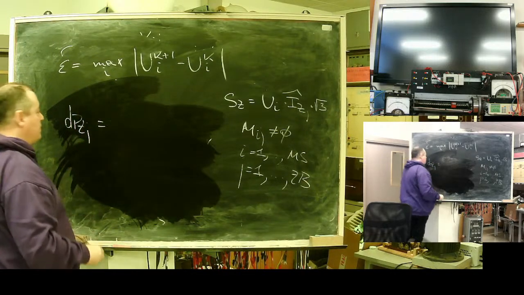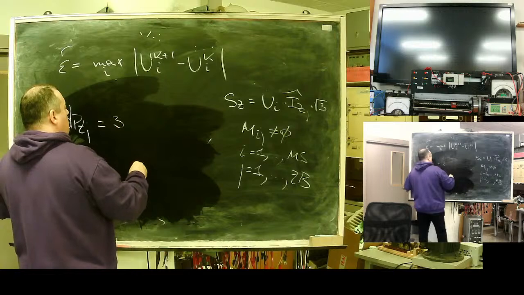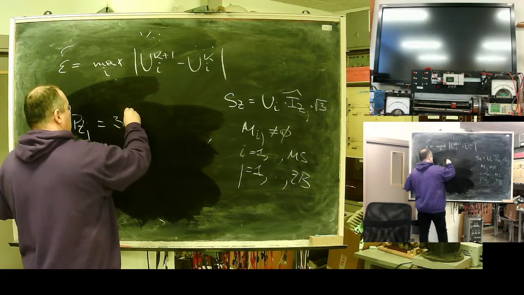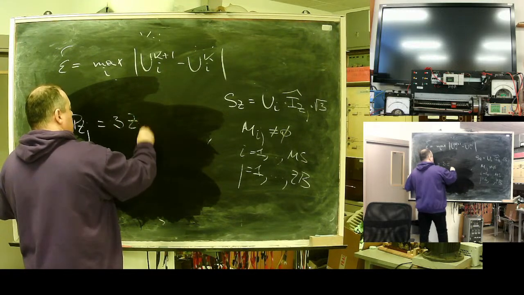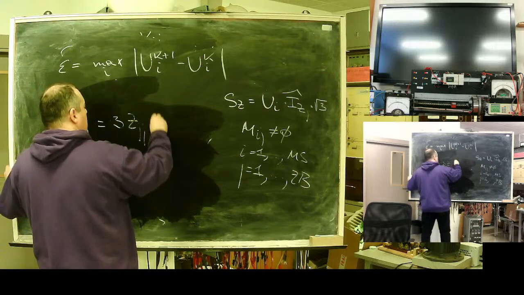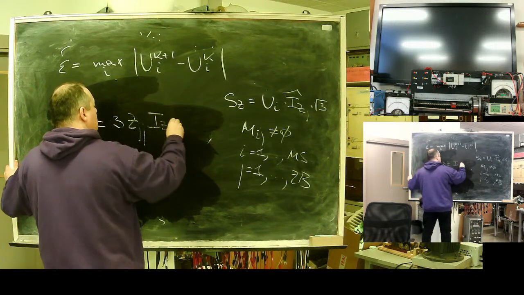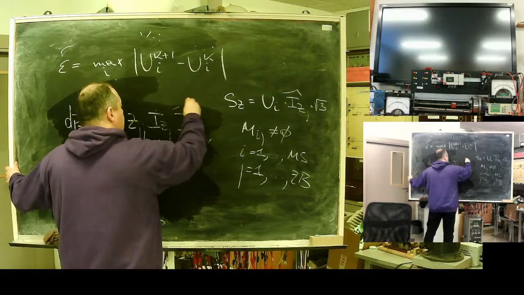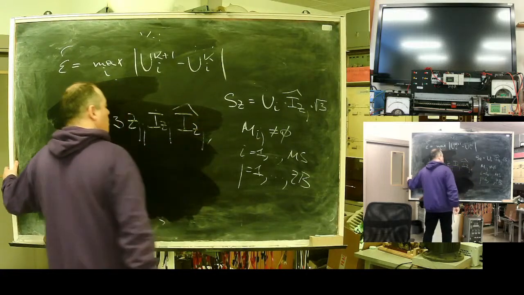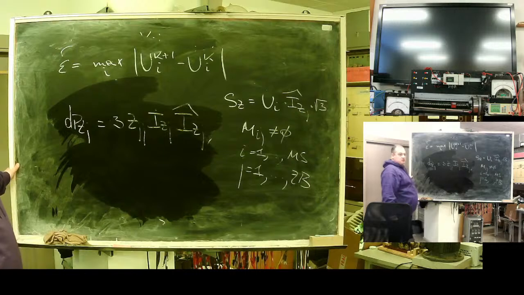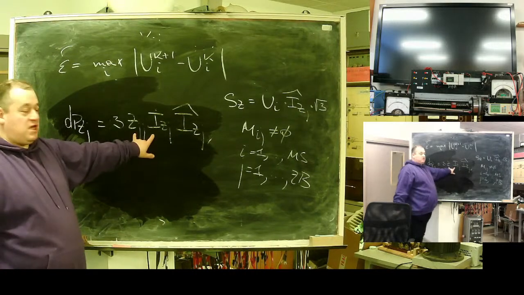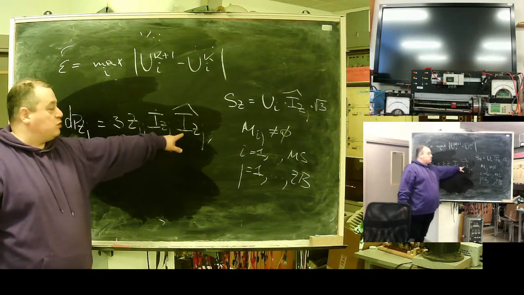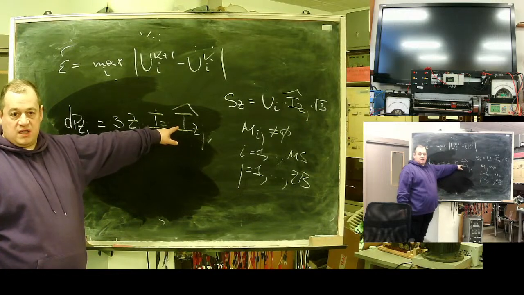Can be calculated as 3 multiplied by current and multiplied by conjugated current in the branch. This will give voltage drop, and voltage drop multiplied by conjugated current.